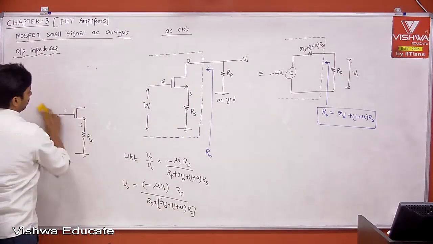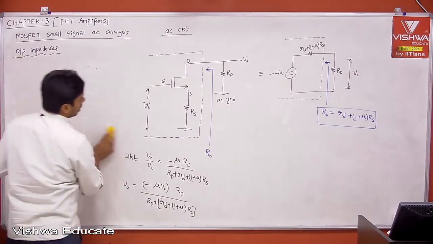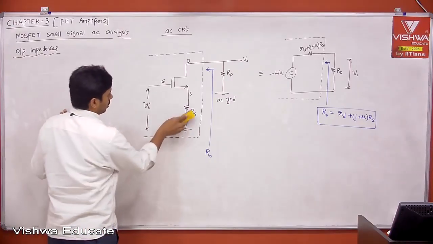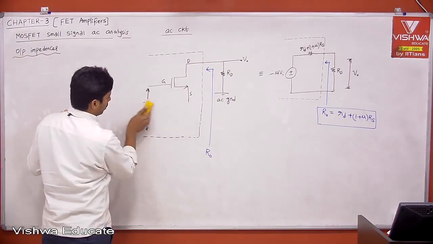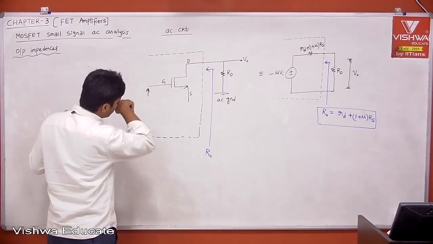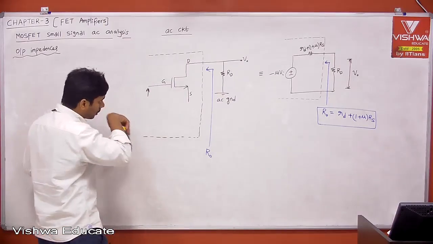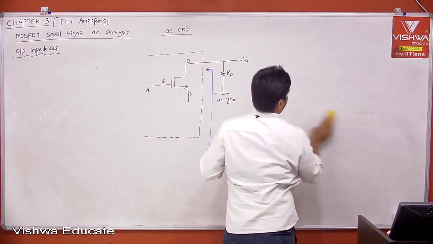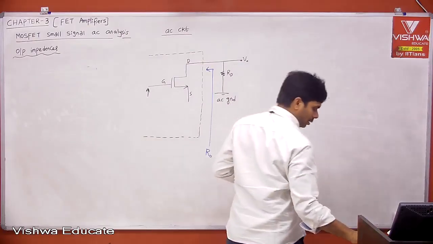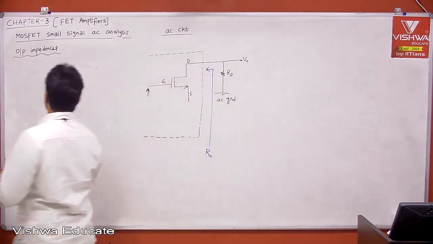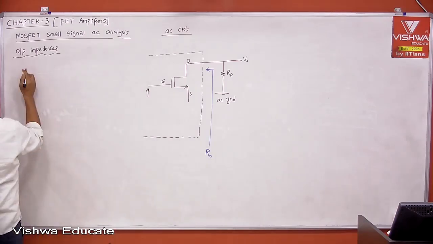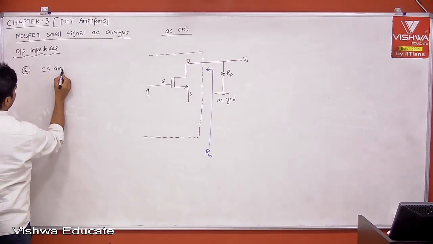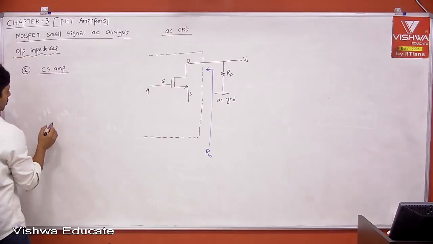Now let's see the second one, the common source amplifier. Listen. CS amplifier, what is the circuit?